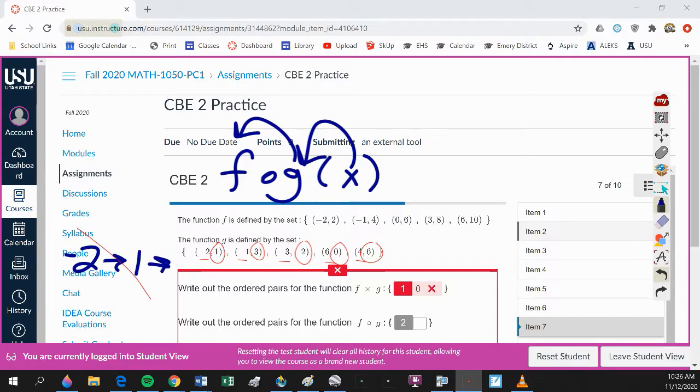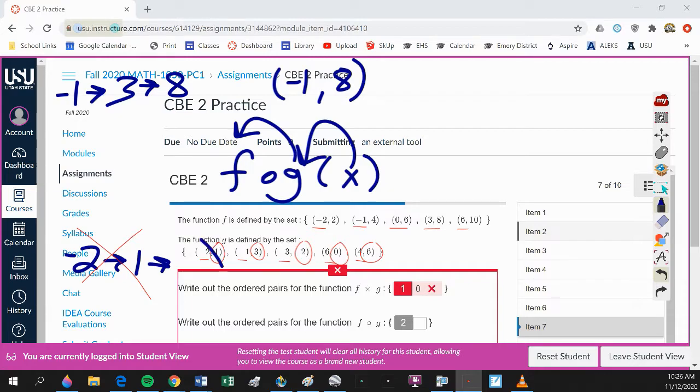No. There's no 1 in the domain of f. Okay, so we try the next one. -1 gets turned into 3, which then gets turned into 8. So if I skip the middleman, -1 got turned into 8. And that is the first piece of this new function.